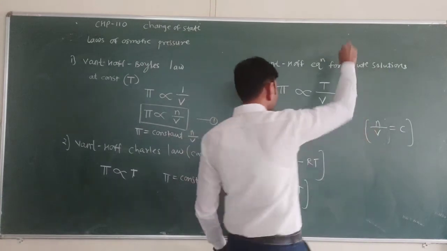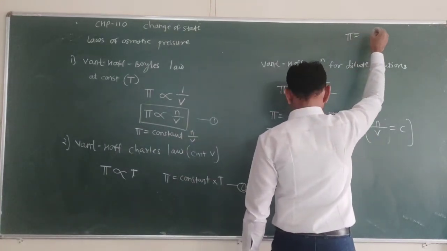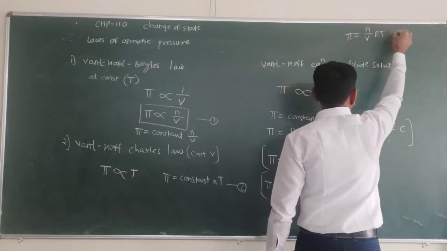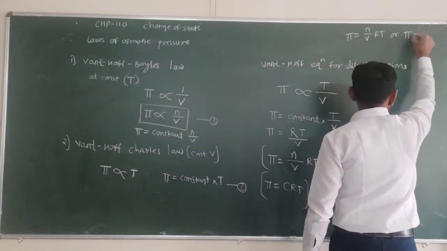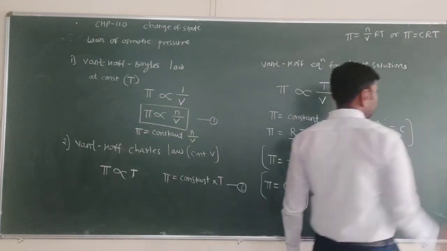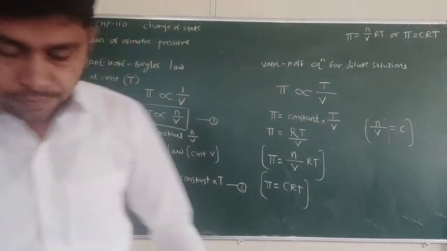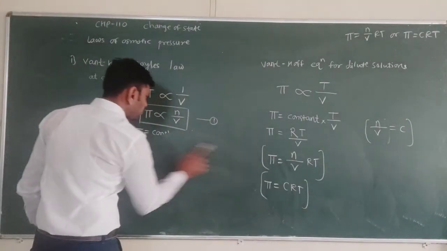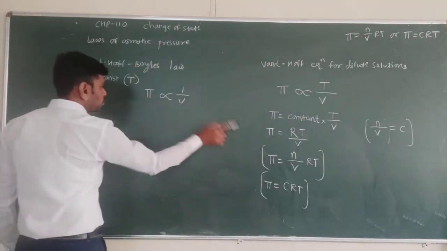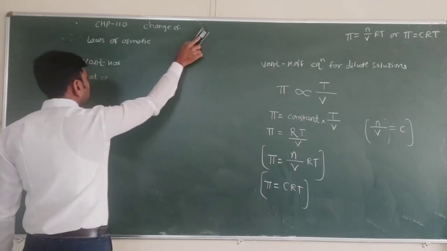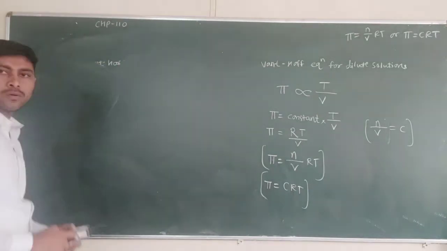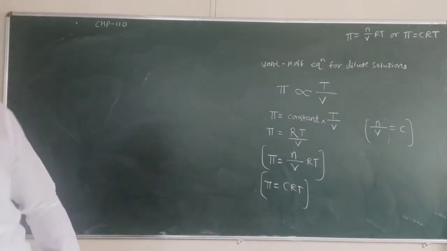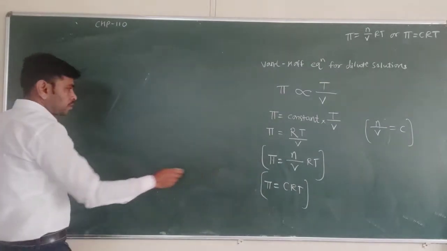This is an important equation where we can write pi equals n upon V into RT, or pi equals CRT.